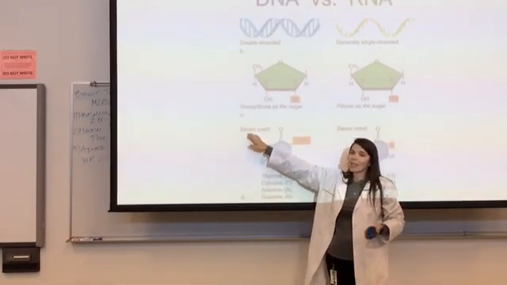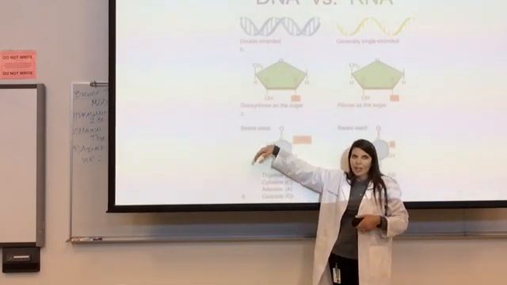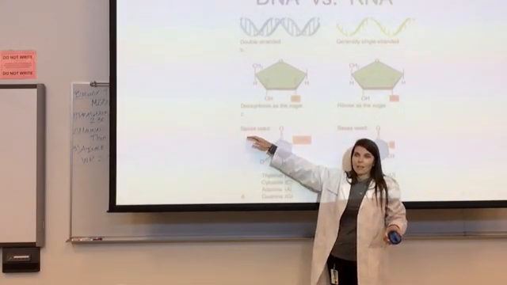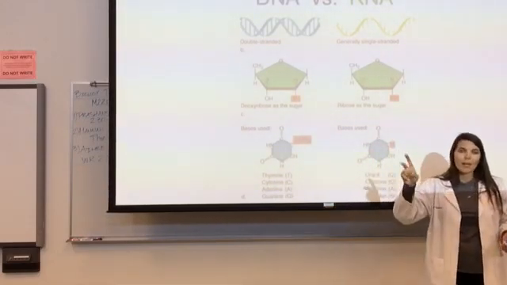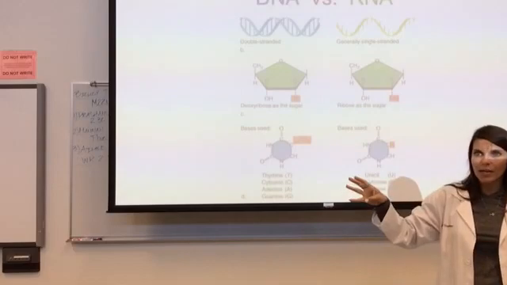And see here, it doesn't even say nitrogen or nitrogenous. It just says bases. In DNA, there are 4 bases that could be used: thymine, cytosine, adenine, and guanine.